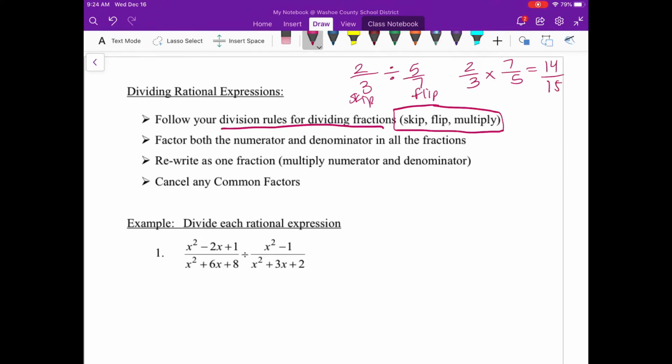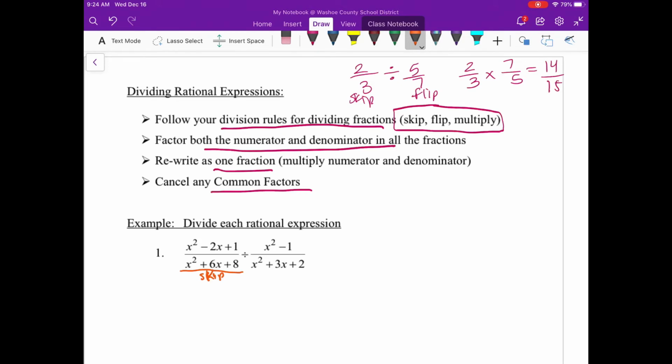So we're going to follow that same idea of dividing fractions for these rational expressions. We're going to factor both the numerator and denominator, rewrite as one fraction, and cancel out any common factors, just like we've been doing. So here we go with the first example. I'm going to skip this one, so it stays exactly the same.